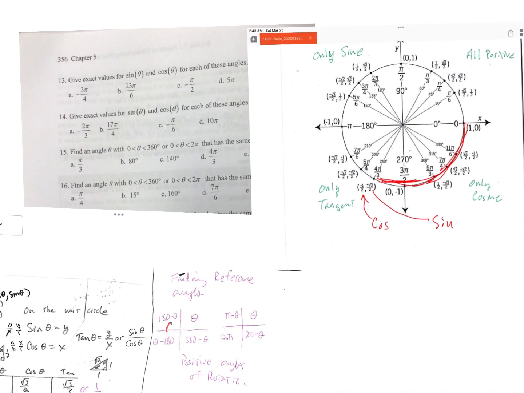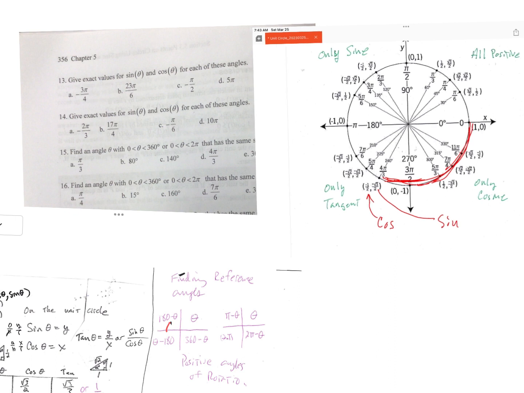So they want us to give an exact value for the angle negative 3 pi over 4. Well, negative angles, we go this way. An Oxbow student told me a long time ago, working with radians, if we're looking for a reference angle and it's written in terms of pi, then I know it's a radian, and to get the reference angle you just look at the denominator.